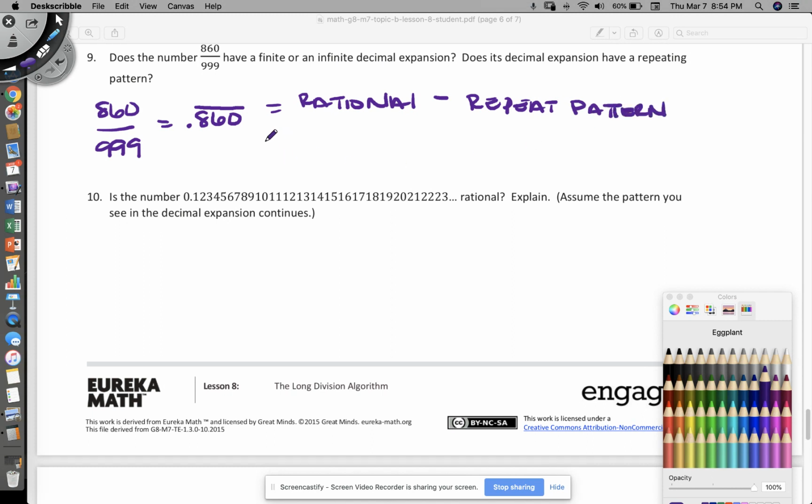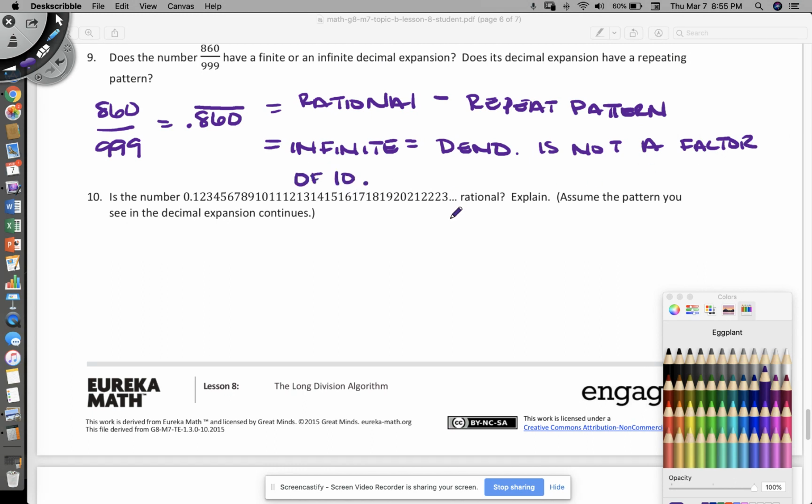And we're also going to say it's infinite. And that's because the denominator is not a factor of 10, powers of 10. All right, I'm going to let you do number 10, and that ends this video tutorial.